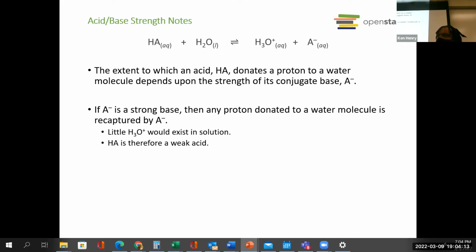Does that make sense? If A minus is a strong base, then any protons donated to water molecules are going to be recaptured by A minus. So you're going to have little to no hydronium ion, but you're going to have more HA present. If you have more HA present, that means it's going to be a weak acid.